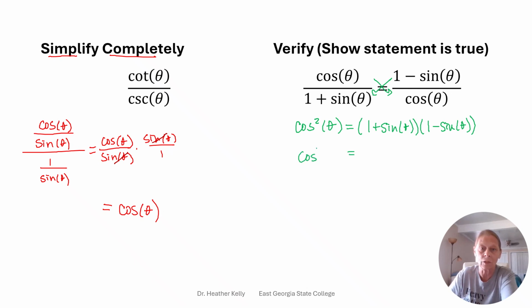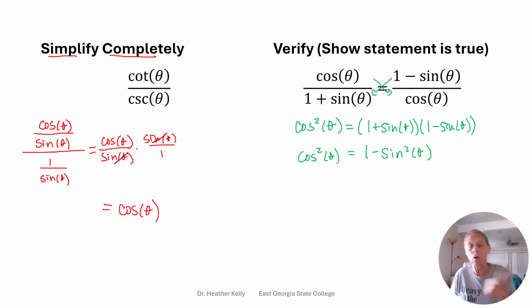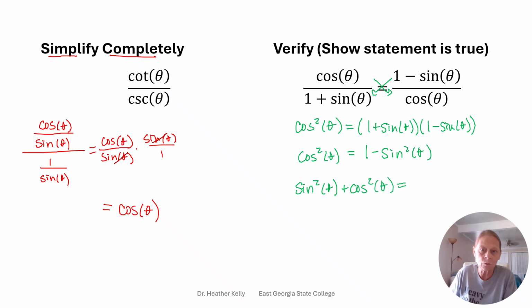We know that that's going to give us 1 minus sine squared theta. And these are equivalent. I just showed you on the last slide there, but you could move that sine over and we could go sine squared theta plus cosine squared theta is equal to 1, and then we can say 1 is equal to 1 because sine squared theta plus cosine squared theta is 1.